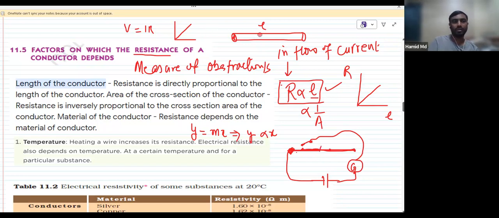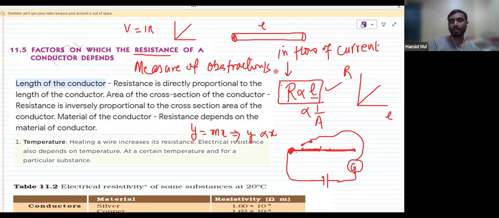If we have to transfer more power, then we make the wire thicker. In a geyser or fridge, we have heavy wire whose cross section is larger than the cable for an electric bulb, basically for LED or fan. So when we increase the cross-section area, we decrease the resistance. When we decrease the resistance, the flow of charge will be a bit smoother. Got the point?